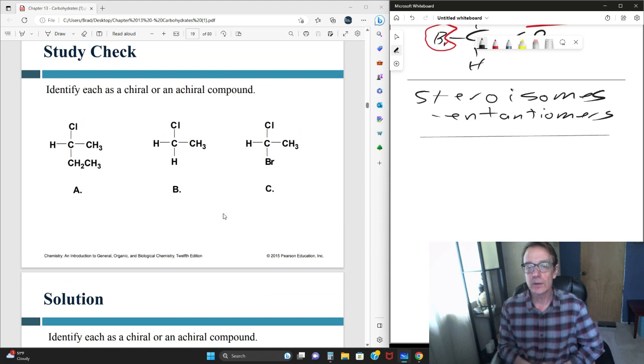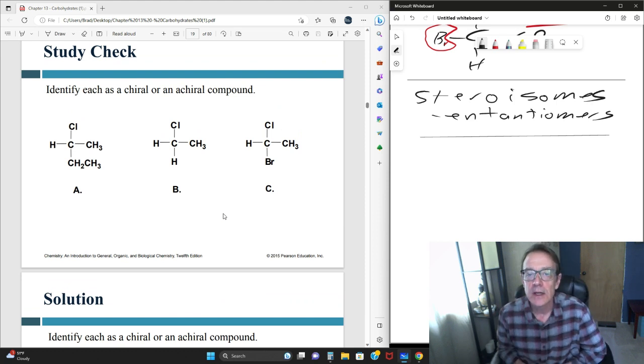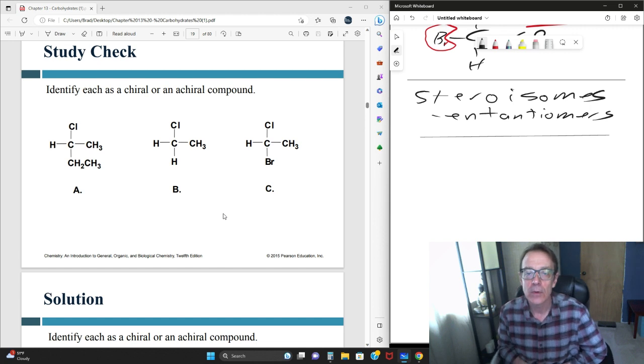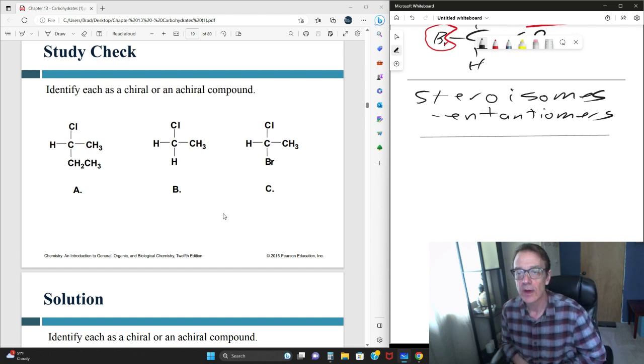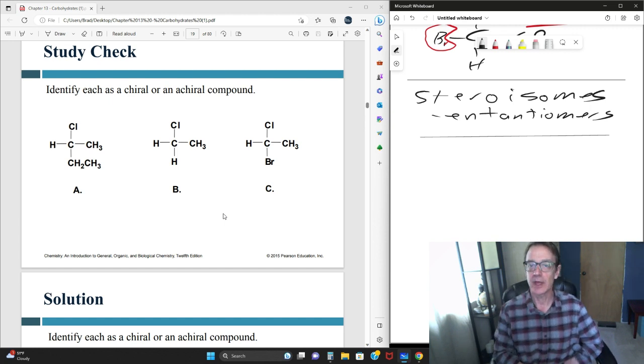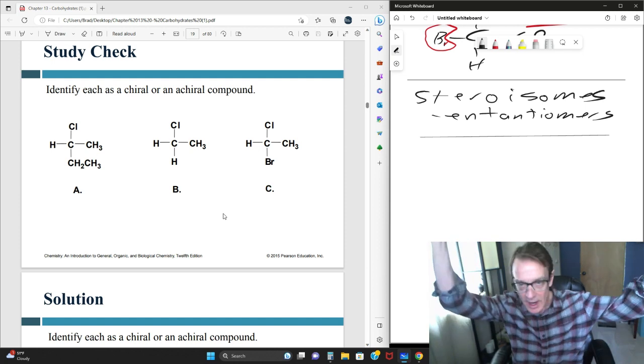Okay, so let's take a look here. Is a chiral atom or not? It is chiral because you have four different things bonded to that carbon. You have a chlorine, a methyl group, an ethyl group, and a hydrogen. Okay, four different things, chiral.